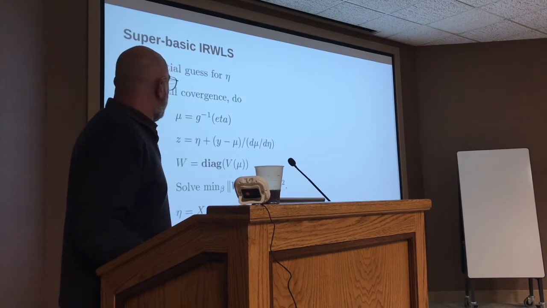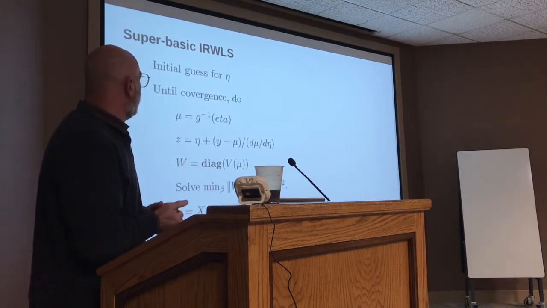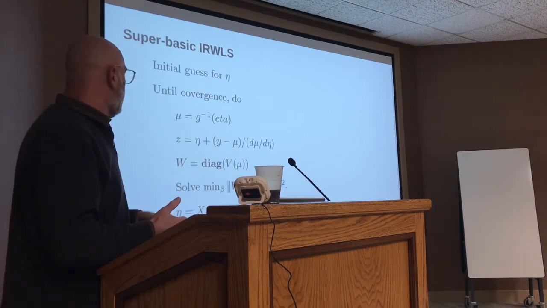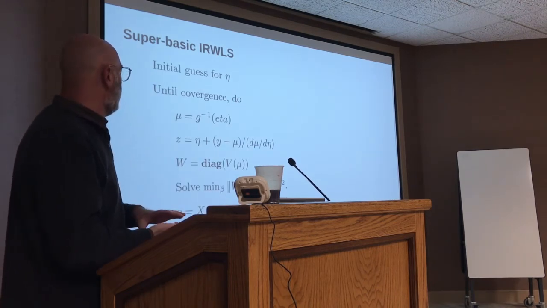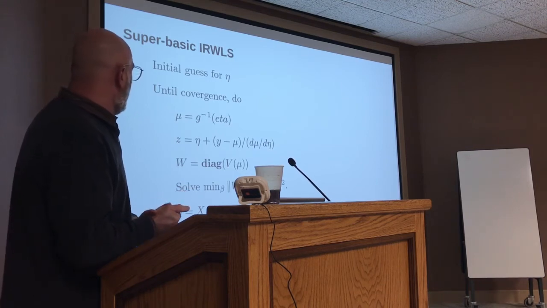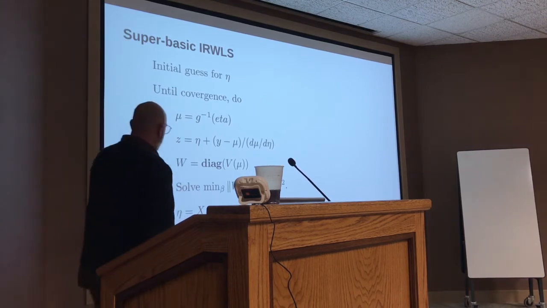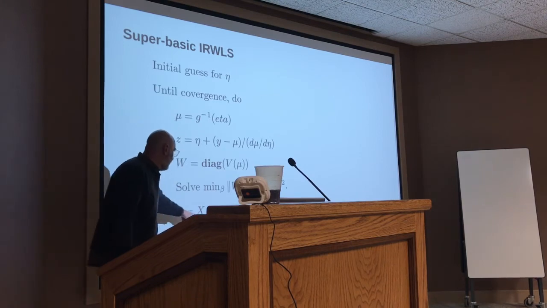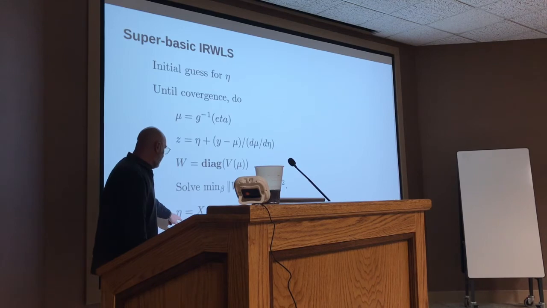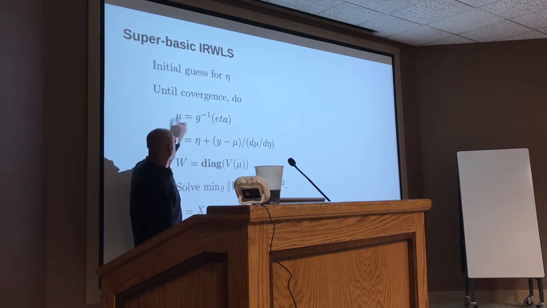So anyway, here's the algorithm. This is not one that you would actually use to compute, but it's the shortest statement of it that I could come up with. Remember, eta is the linear, the systematic component, right? And g inverse of eta is mu. g of mu is eta, right?